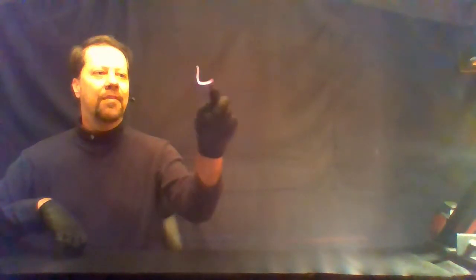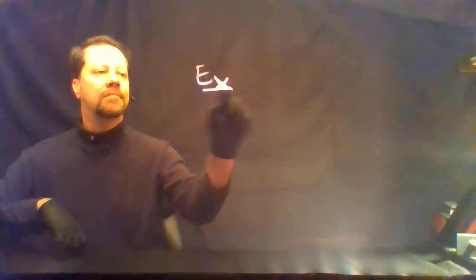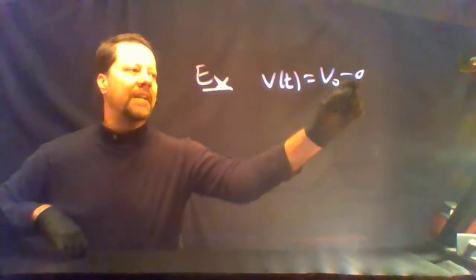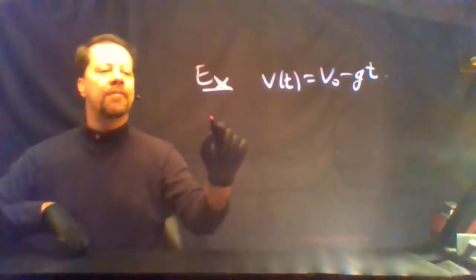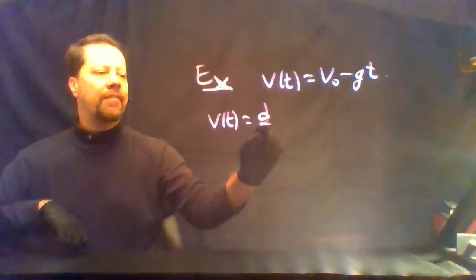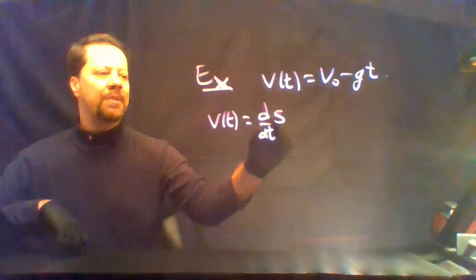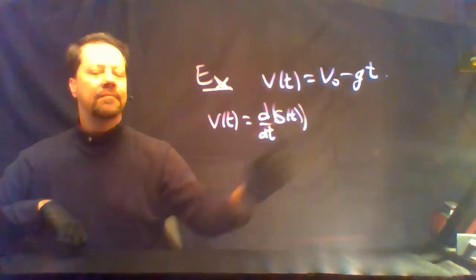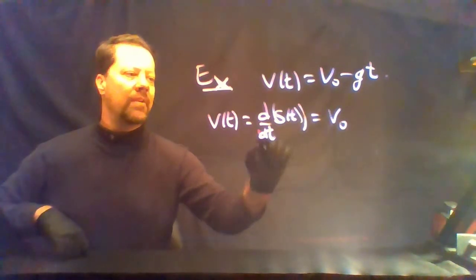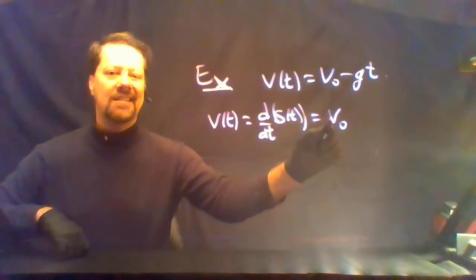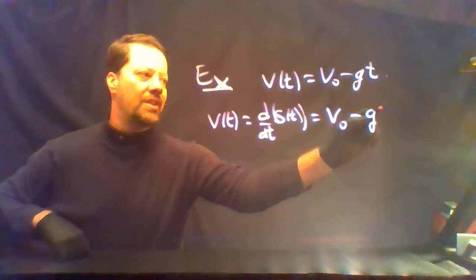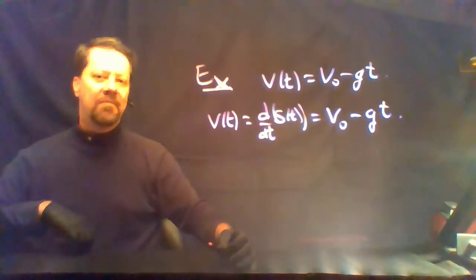We can go further. If v of t is v0 minus gt, remember that velocity is the derivative of the position function. So the derivative of the position function is going to be the constant initial velocity v0 minus the acceleration constant g times t.